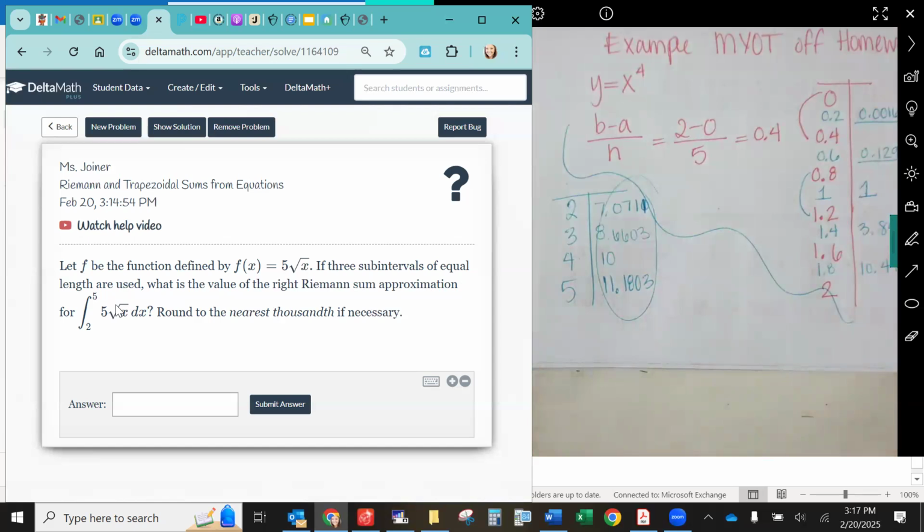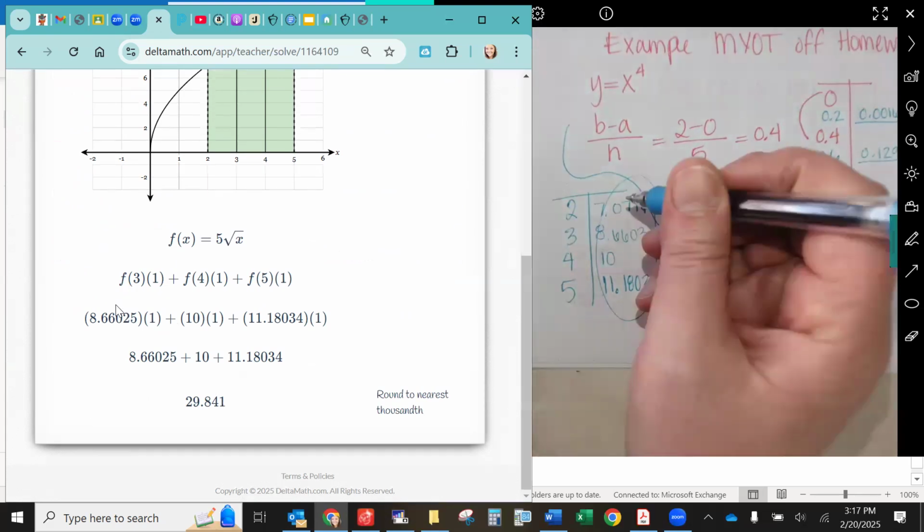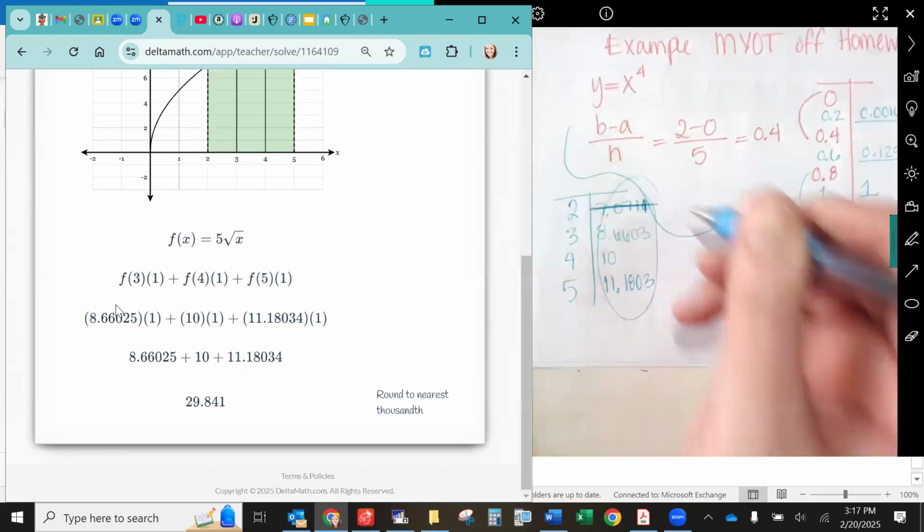So 7.7. Yeah, don't include the 7, because it was a right Riemann sum.